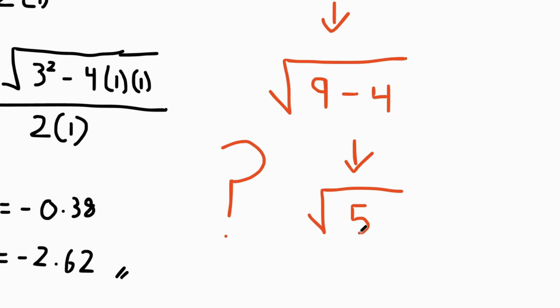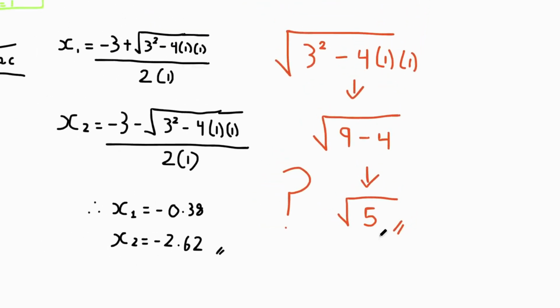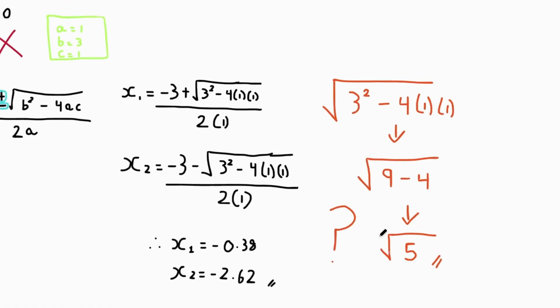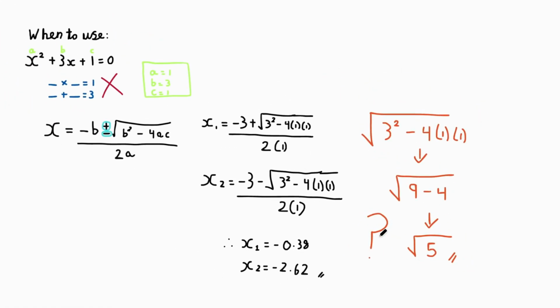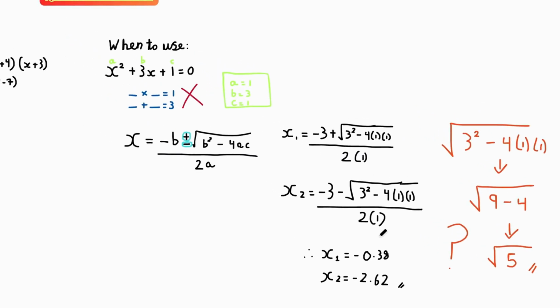So yeah, since the square root of 5 is irrational, you can't work with it exactly. So that's why I've rounded our answers to 2 decimal places, because most of the time these won't be exact or won't be accurate. So now you know the why, the when, the how.